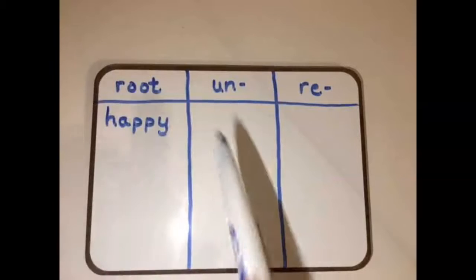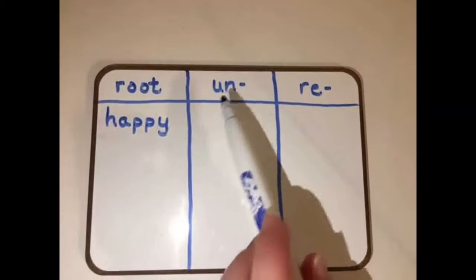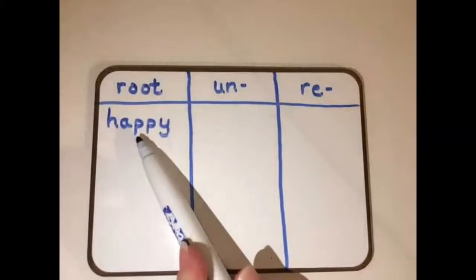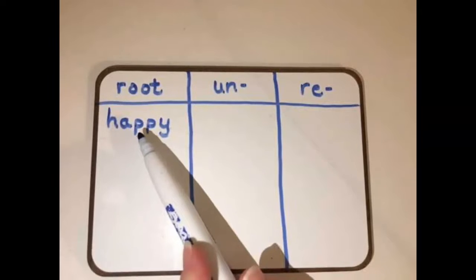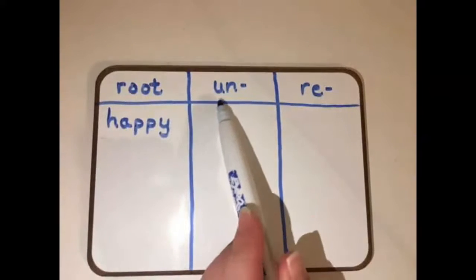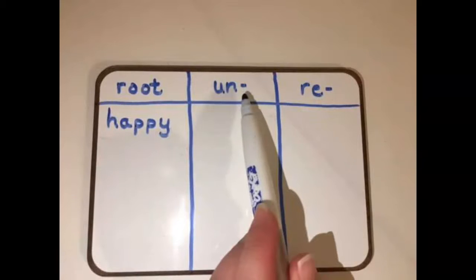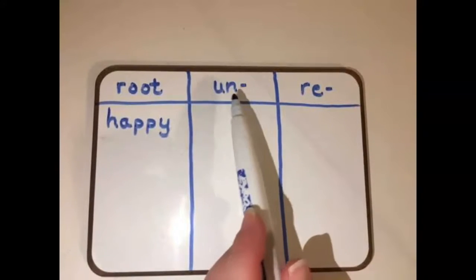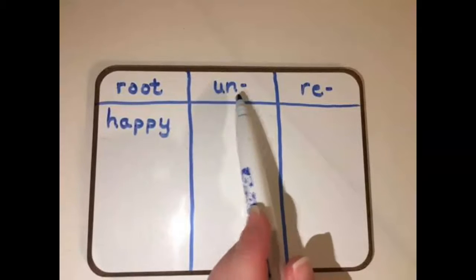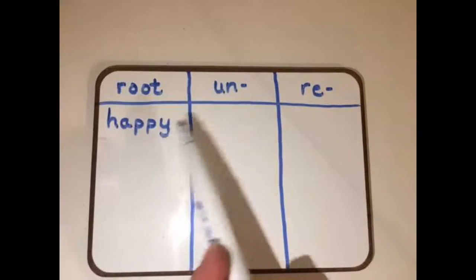So let's see what would be a good prefix for this word to make a word that we're familiar with. So this is a prefix, un, and we wrote un and then a little dash. The little dash is where the root word would go. So it would say unhappy. Is that a word?